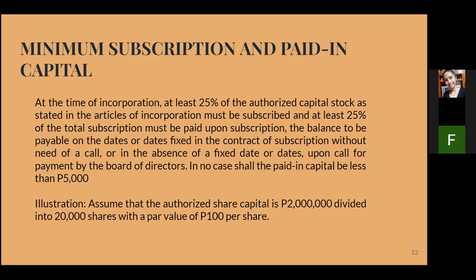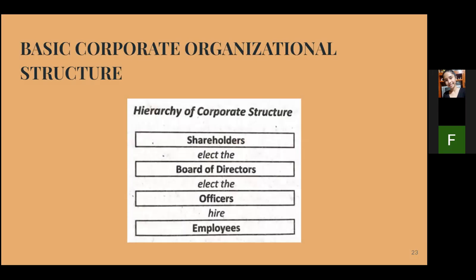And next slide po. So this is the basic corporate organizational structure. Hierarchy of corporate structure. So yung shareholders, sila yung may ultimate control of the corporation. Basically, yung owners of the corporation.